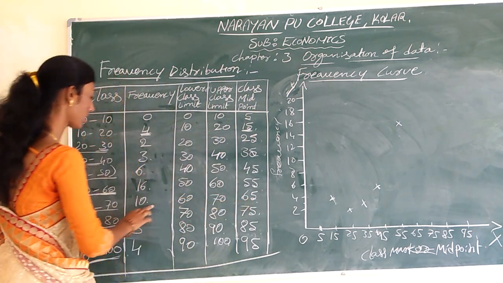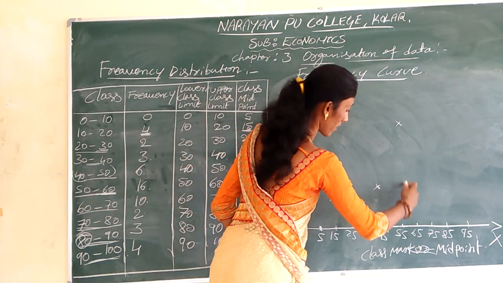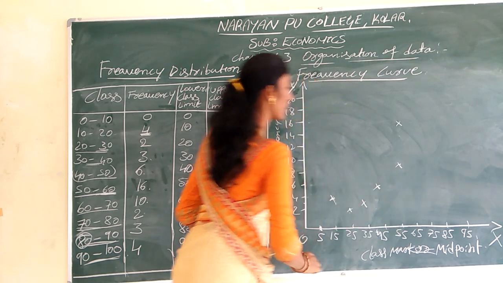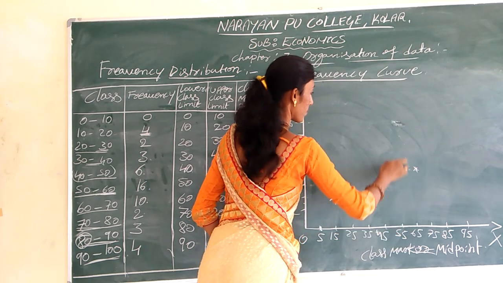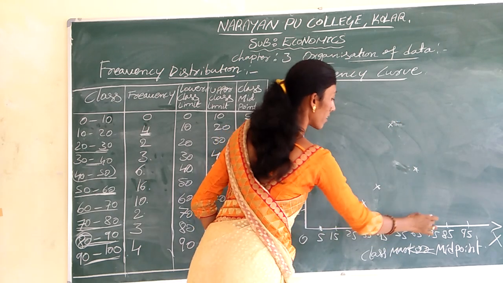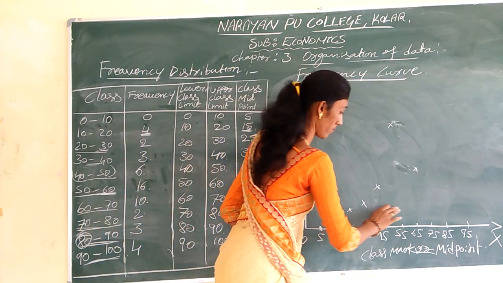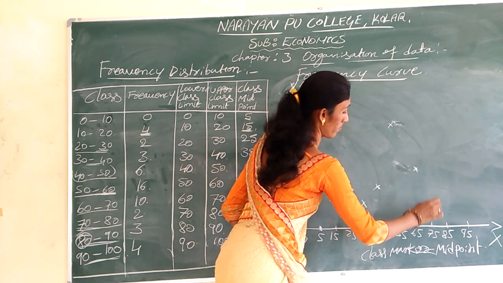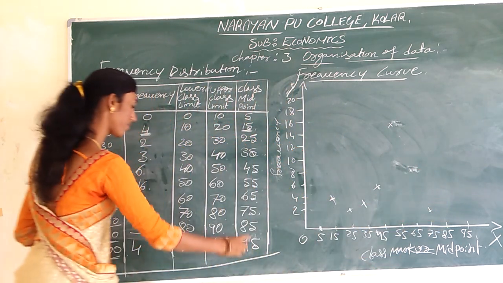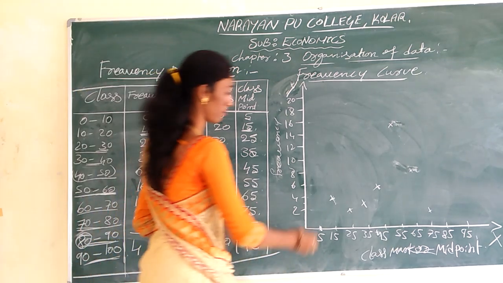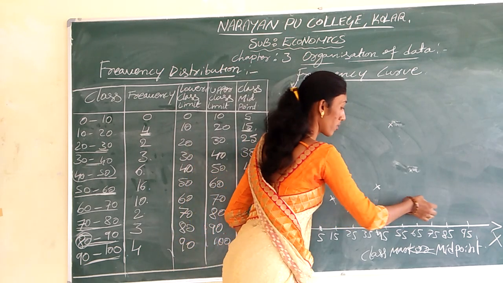Next, at 65, the frequency is 10. And at 75, the frequency is 2.